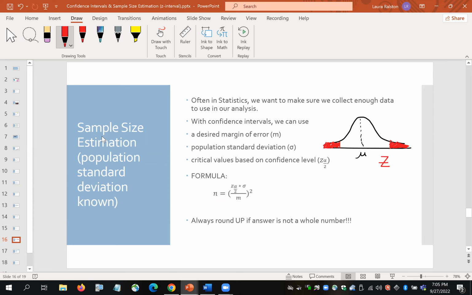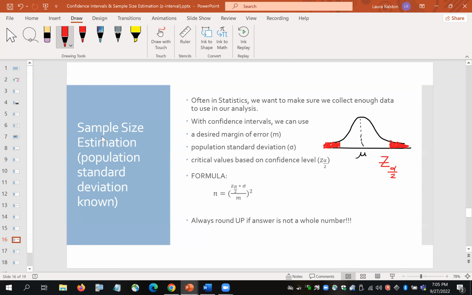It's the letter Z, and then it shows that we're going to do alpha divided by 2. We haven't really talked about alpha, but alpha represents the probability that I'm wrong, or the probability of failure. We'll get to talk about that a little bit more later, but that's why you see that funky notation. I'm going to give you a table with those numbers on it so that you don't have to memorize them, and that table is provided on the midterm exam.